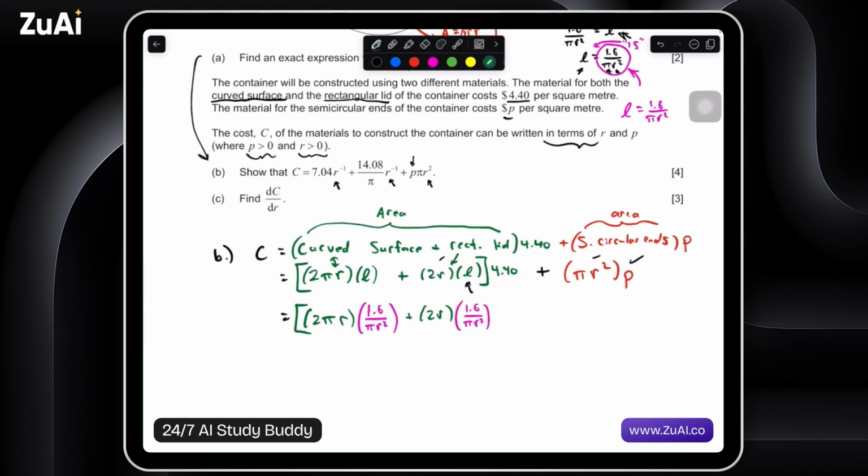All of this, once again, multiplied by 440, plus, and then this can stay as it is. This is just pi r squared, no L's or anything like that. Alright, now we have to expand.